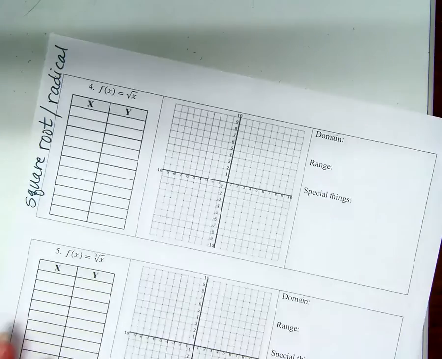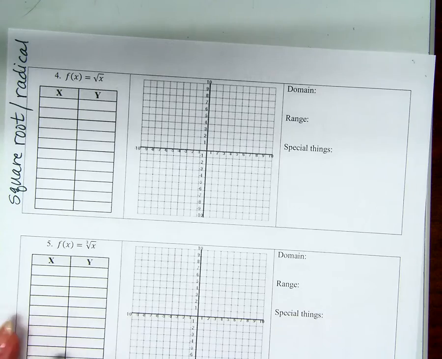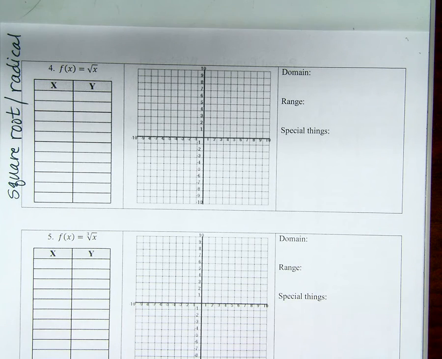Okay? How'd you go about choosing your x values for this function? Positive? Why'd you only choose positive numbers? Okay, so let me see if I'm saying what you're saying. You said we can't take the square root of a negative number, right? Okay, so can I make a correction on that real fast?